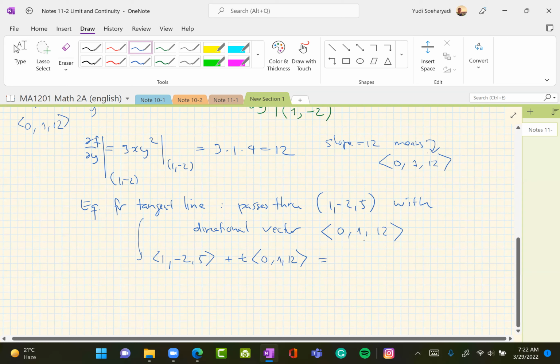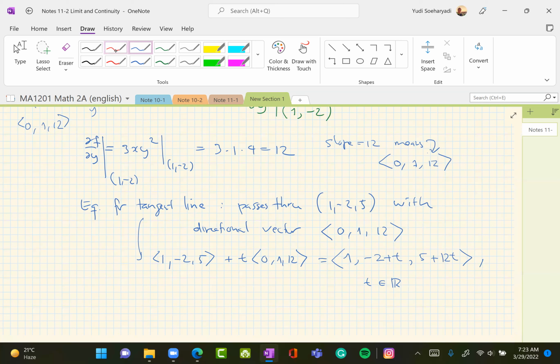Okay, so you get these equations: 1, -2 plus t, so t minus 2, and 5 plus 12t. So in parametric form, t is any real number. So in parametric form.